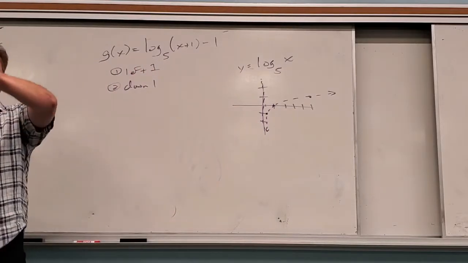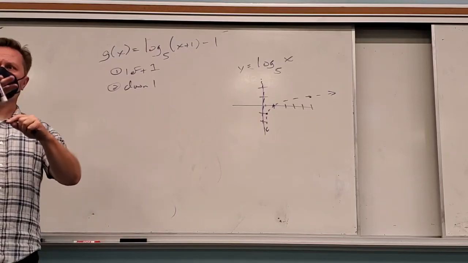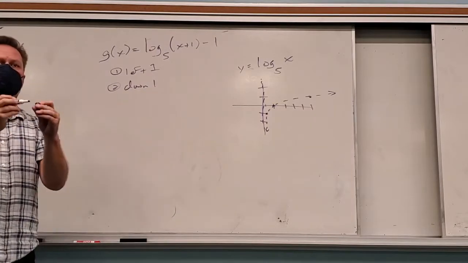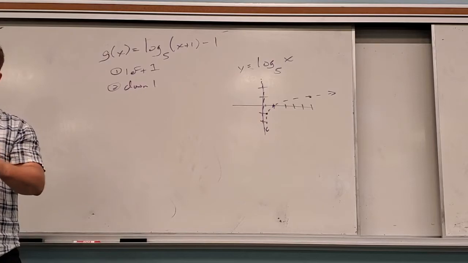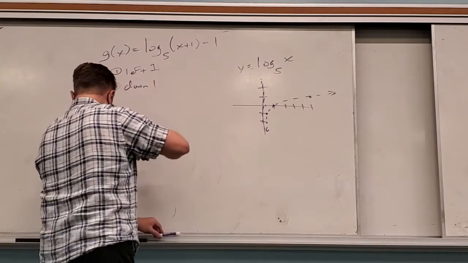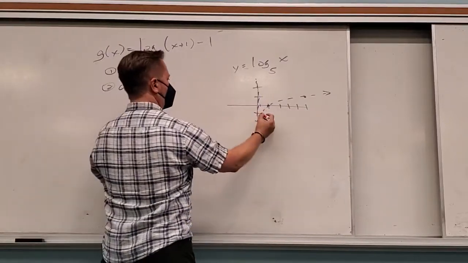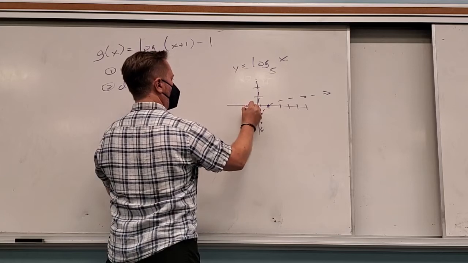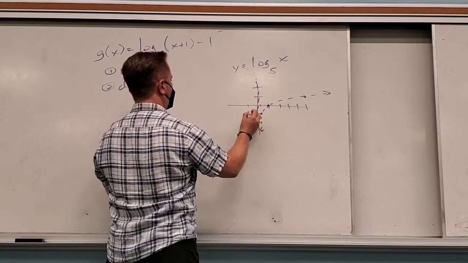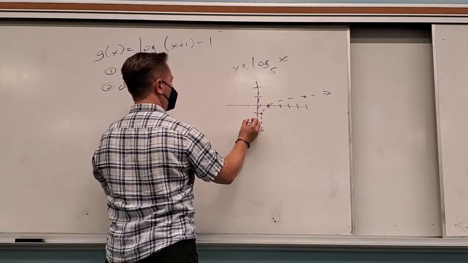So every log has that shape, and just like with the exponential where I have 3 anchor points, I can have 3 anchor points with the log. Why do I want to give myself anchor points? Because now I know what to do with each point. What do I do with each point? Left 1, so let's pick this point, right? So it's got to go left 1, and then down 1.